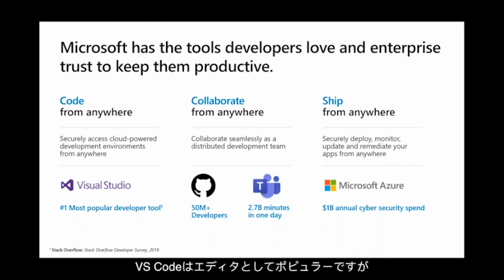VS Code, which is one of the popular editors today, just means you can use whatever environments anywhere and edit code from anywhere you want. And also from a collaboration perspective, GitHub today means we currently have about 50 million developers on GitHub. It is continuously growing and stays independent, stays open source.